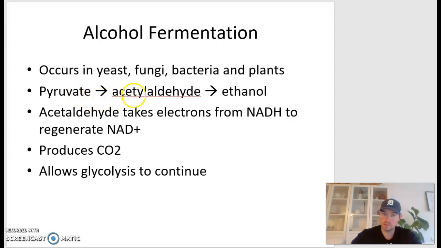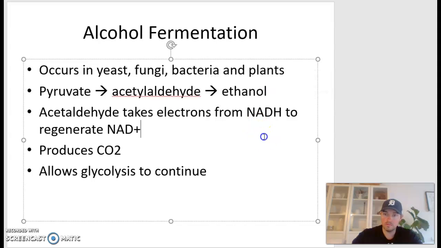So pyruvate will turn into acetaldehyde, and then it'll turn into ethanol. And ethanol is what we can drink, and it's the alcohol in booze or wine or beer that get you drunk. So acetaldehyde takes electrons from NADH and regenerates into NAD, same thing as our other fermentation.